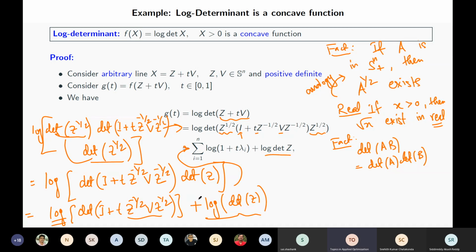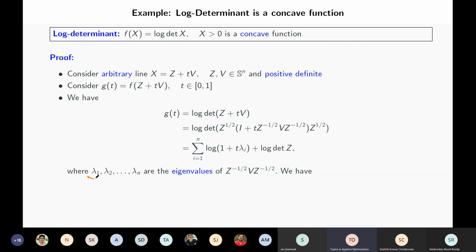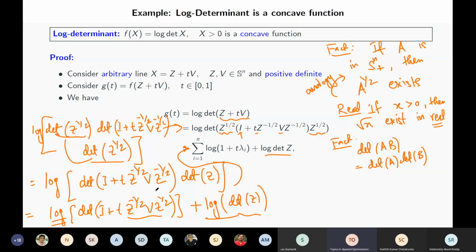So lambda 1, lambda 2, lambda n are the eigenvalues of this. Yeah, this Z half. So if you go back here, let me do this. So let lambda I be eigenvalues of this guy.